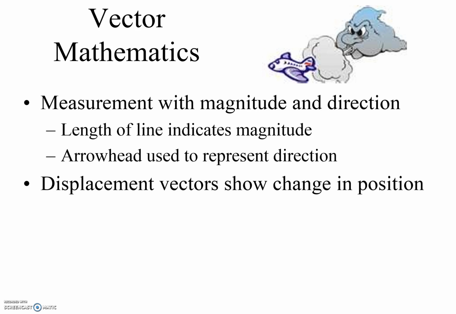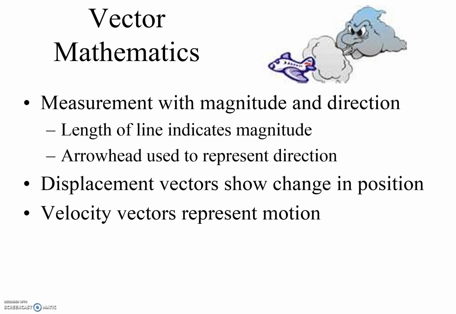Displacement vectors show the change in position. So we started here and we end here. That's considered our displacement vector. Velocity vectors represent motions. And often we use velocity vectors and displacement vectors when we talk about navigation.